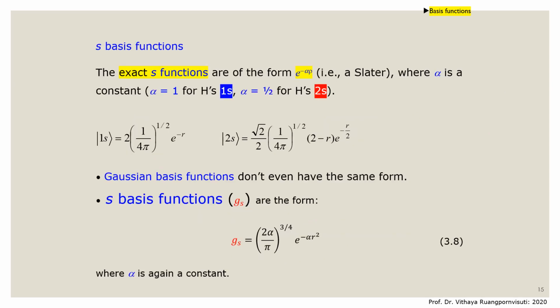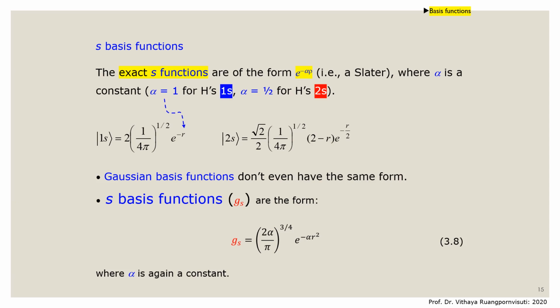S basis functions. The exact S functions are of the form e to the power minus alpha rho, where alpha is a constant. For the 1s of the hydrogen atom, alpha is equal to 1.